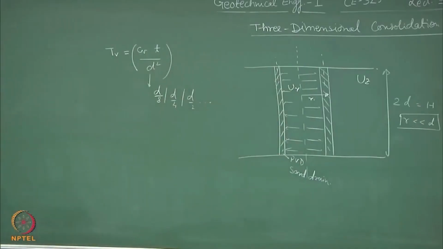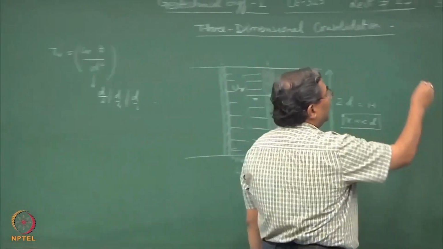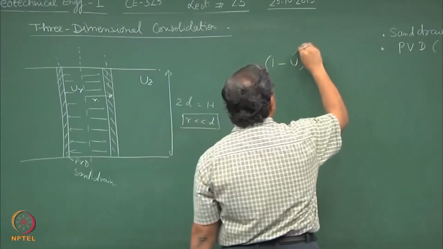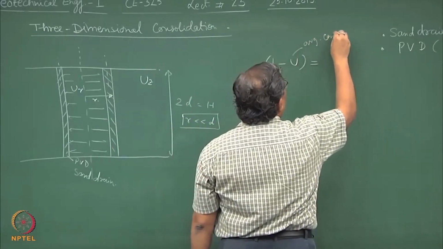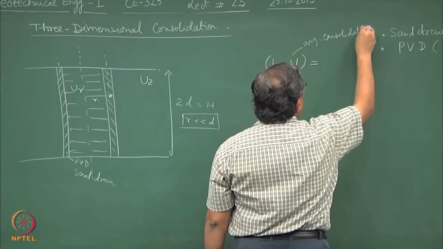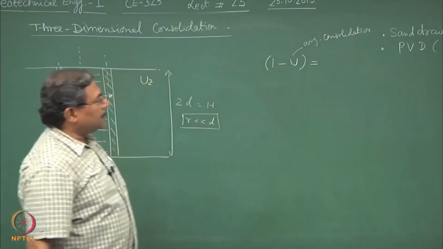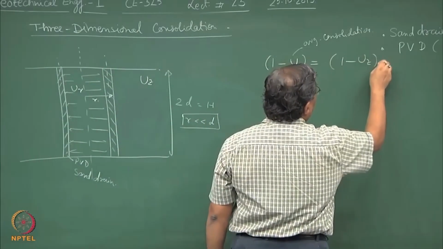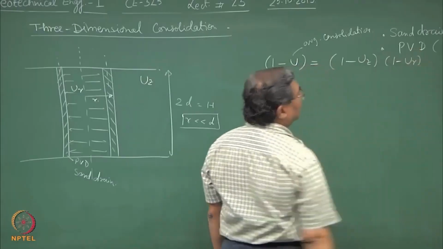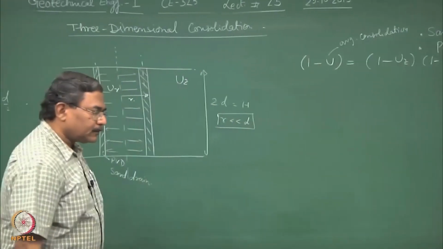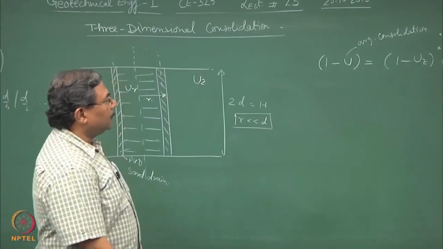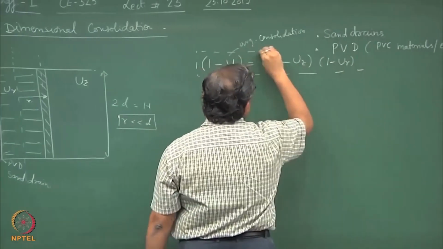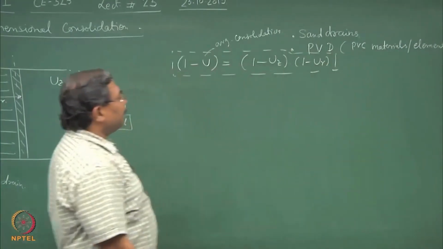By doing this type of manipulation, I can say that 1 minus U, if U is the average consolidation undergone by the soil mass, would be equal to 1 minus UZ into 1 minus UR. Okay. So, this is a relationship which is utilized.